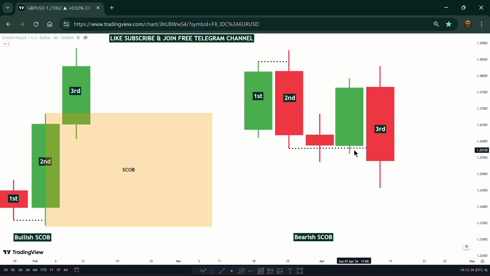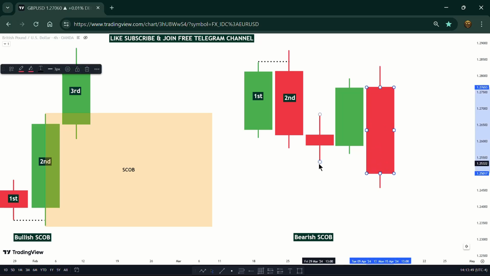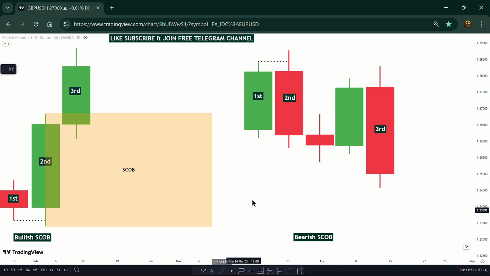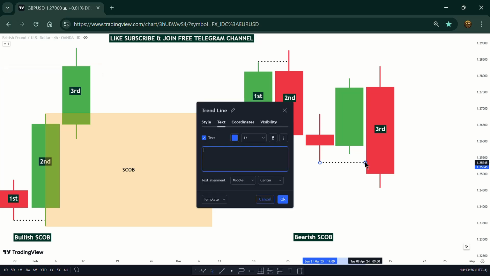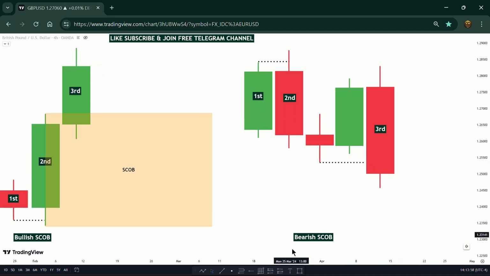No, this is just a liquidity sweep. This is just a liquidity sweep. You need this full body candle to be formed below the lowest wick here. Below this lowest wick here, then you have yourself a single candle order block right here.